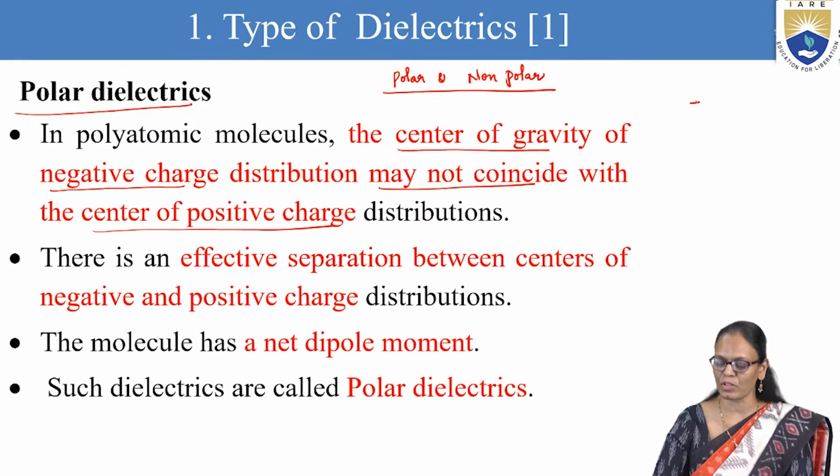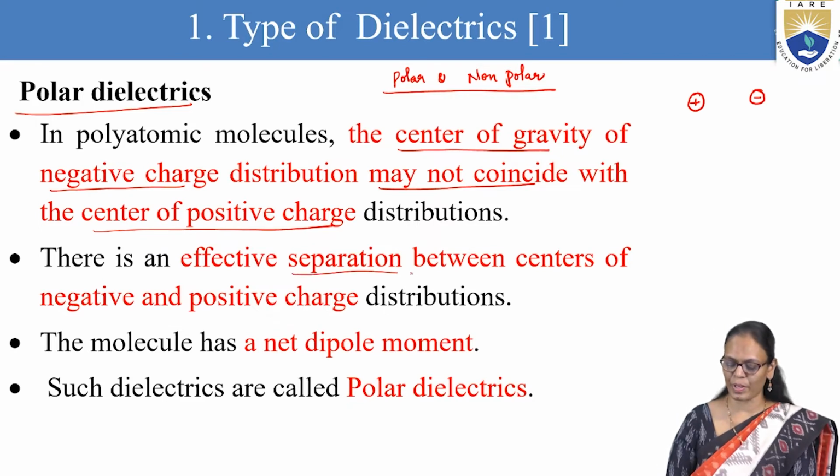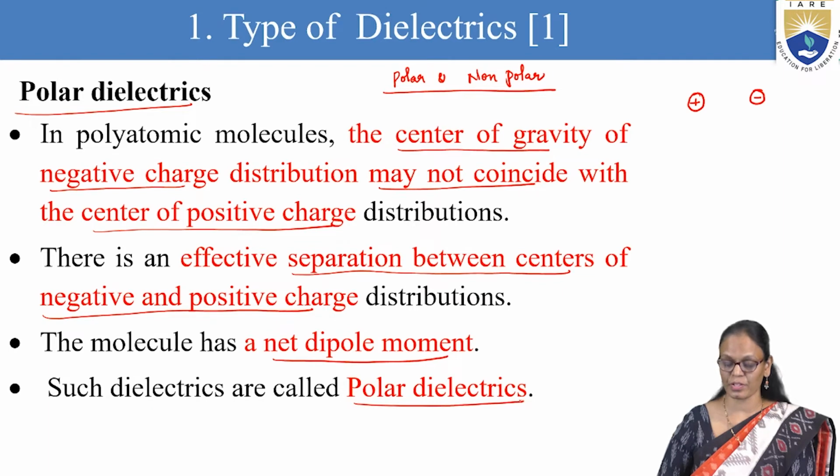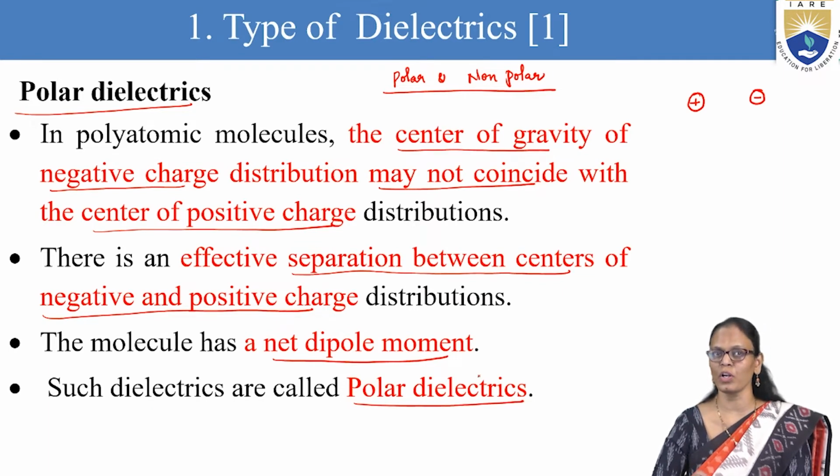Means the center of gravity of the positive charge and the center of gravity of the negative charge are not coinciding with each other. They are separated by a distance. Then we call it a polar dielectric. Whenever there is such a separation in a polar dielectric, there will be a net dipole moment. That is why we call them polar dielectrics.